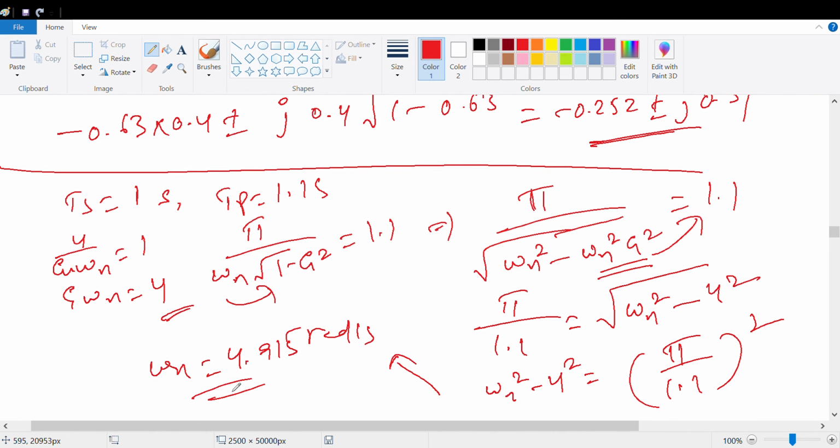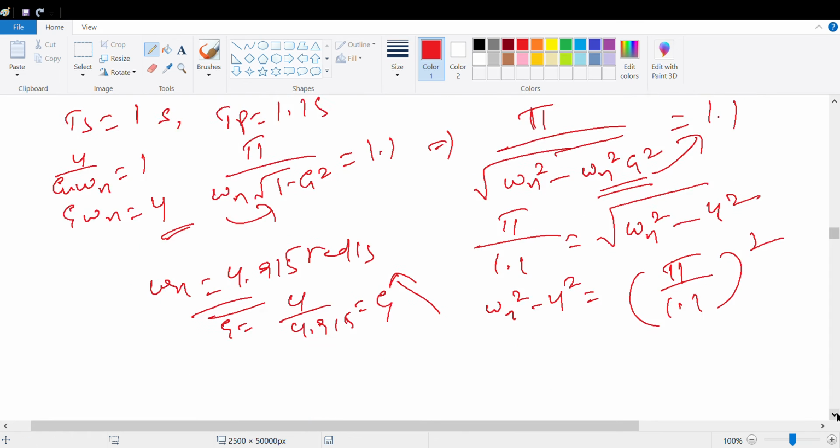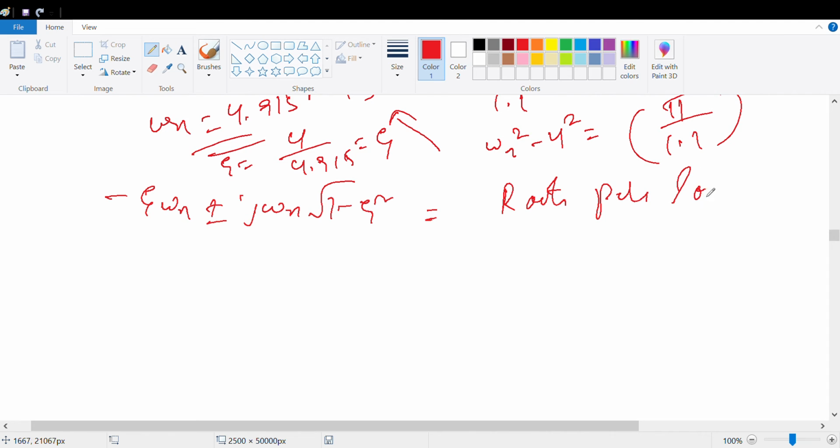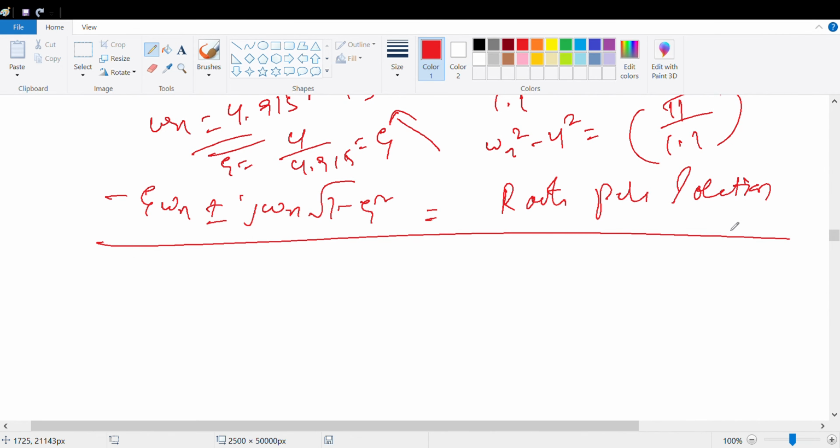So what is zeta? Zeta is 4 by omega n, 4.915, we get zeta, and if you substitute those values in this formula, we will get the roots or poles' location. Let's move on to the next question.